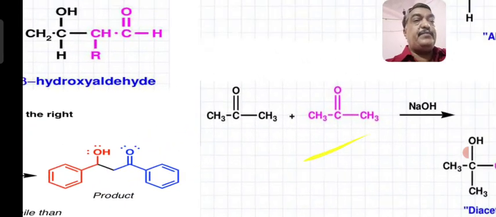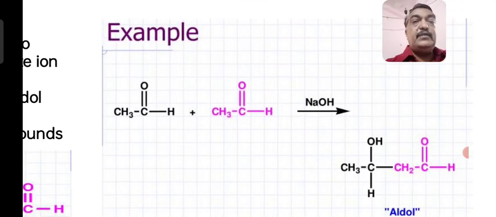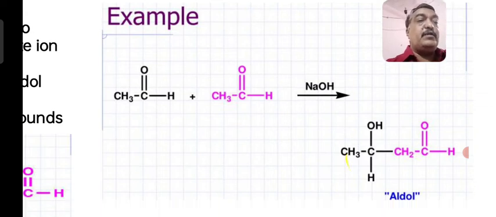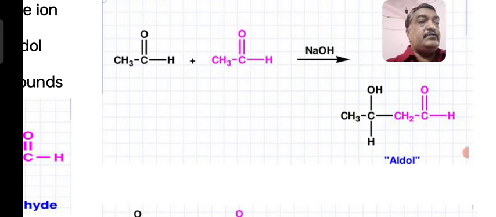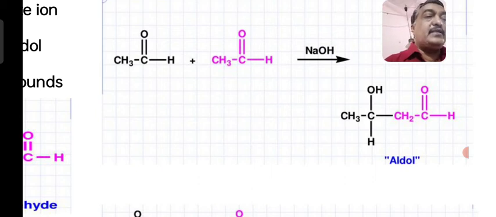Now here I have another example. You can take CH3CHO, the acetaldehyde molecule, treated with NaOH; they combine to form a compound containing an alcohol group and a carbonyl group. So the condensed product contains an aldehyde group, that is alpha beta hydroxy.